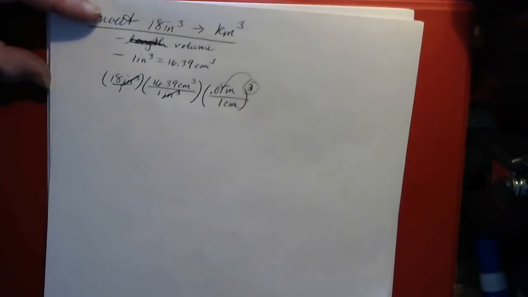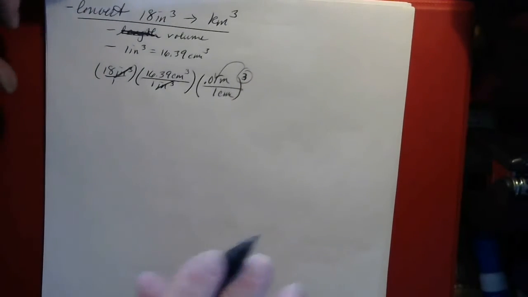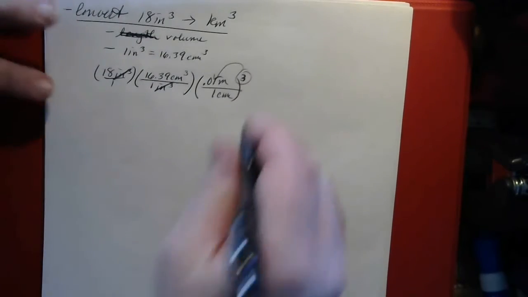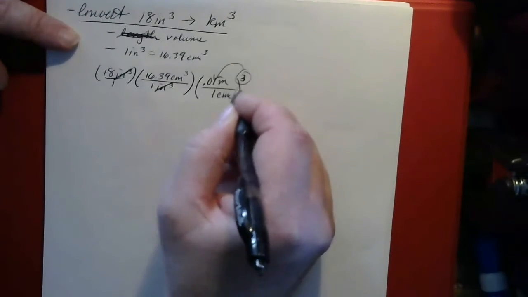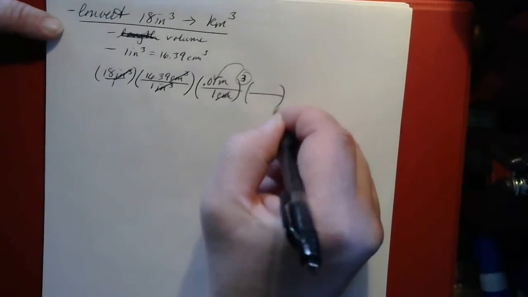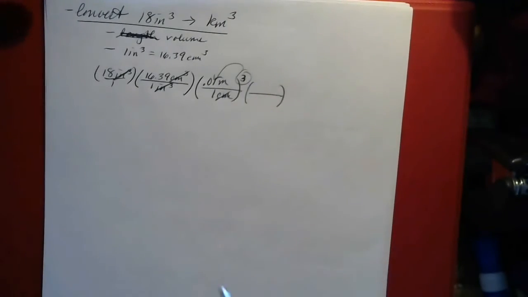And that's why I drew that little arrow there, just so when I'm multiplying through, I won't forget that that 0.01 has not been cubed yet, although the 16.39 has been cubed. So this will be cubic centimeters on the bottom versus cubic centimeters on the top. They will cancel out, and we have cubic meters as the unit at this point.